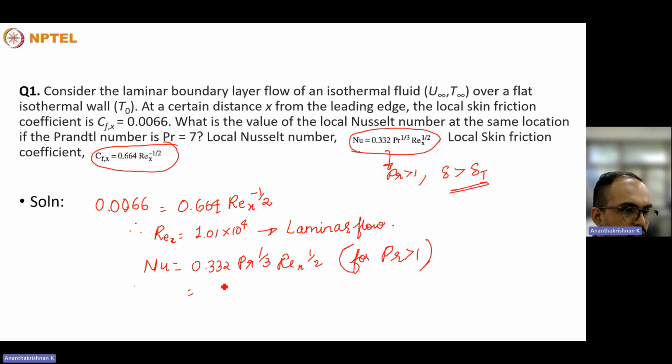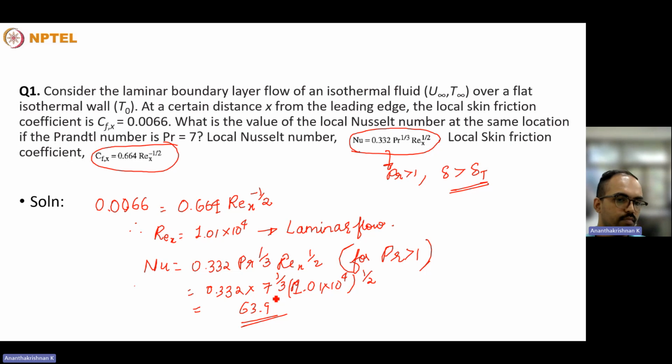Substituting the values, we get 7 raised to 1/3, and the square root of 1.1 into 10 power 4. The value comes to 63.9. It is the value of the Nusselt number for flow over a flat plate at this Reynolds number.